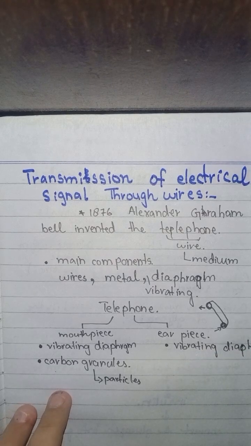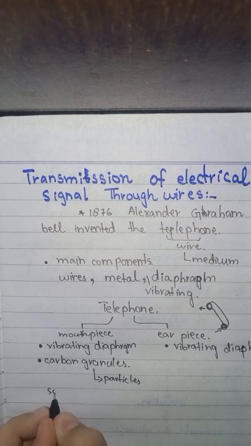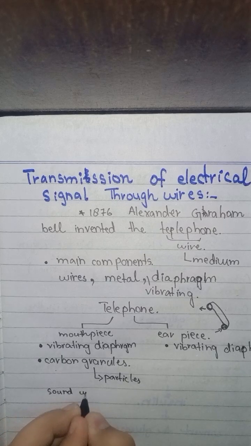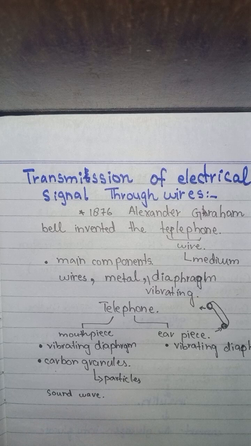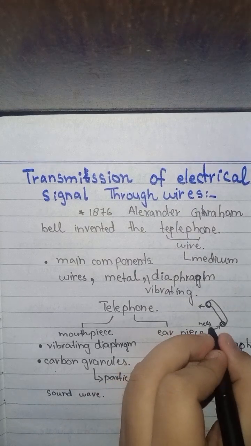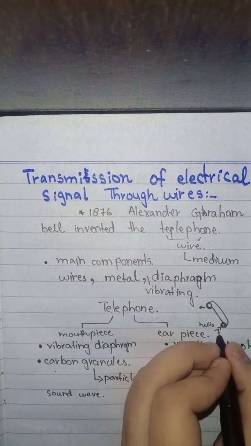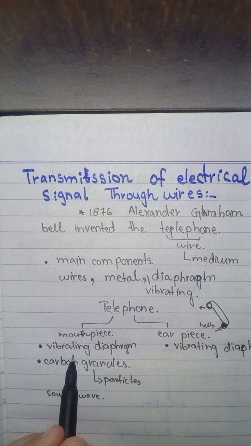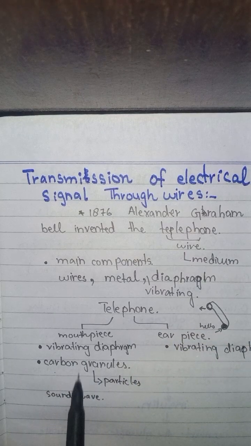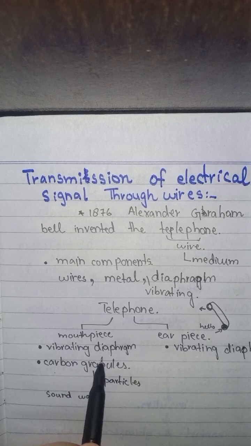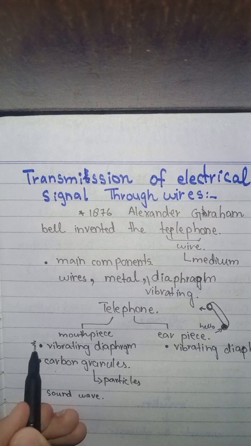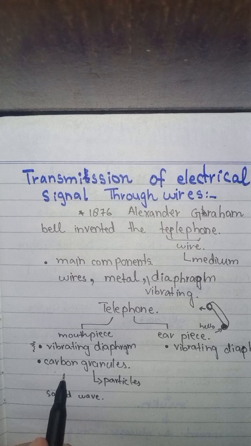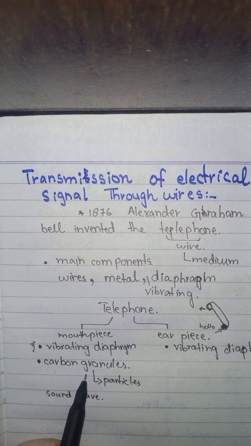Okay, so here you can see, first of all we have the sound waves, which we produce when we say hello. So when we are saying hello, the sound waves go through the mouthpiece, and in the mouthpiece, as I told you, we have the vibrating diaphragm, so sound waves hit the vibrating diaphragm, so the diaphragm vibrates, and then after the diaphragm we have carbon granules.